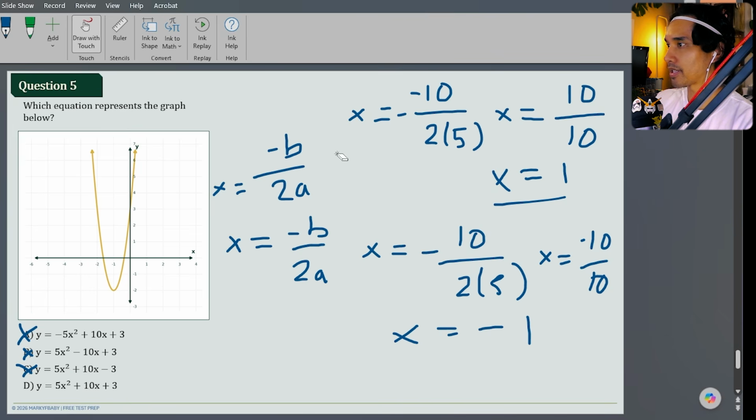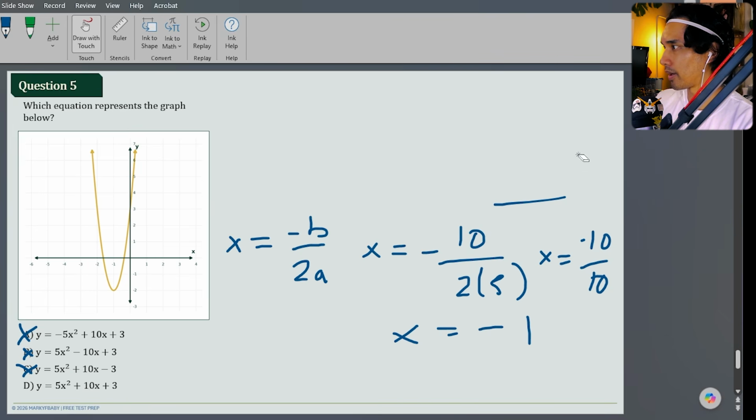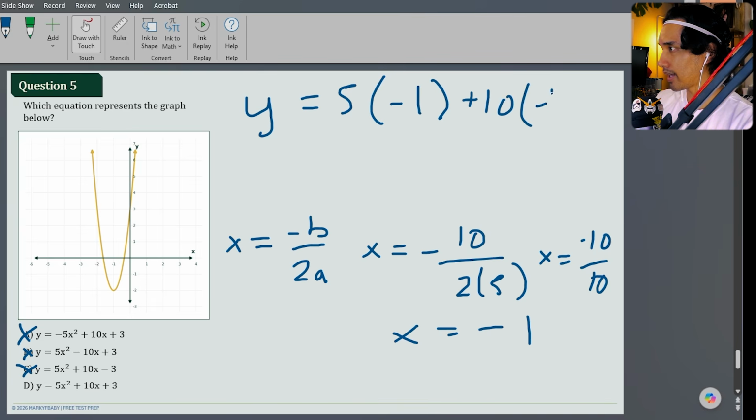Let's take it a step further to further confirm this by plugging in negative 1 into the equation y is equal to 5x squared plus 10x plus 3. We get y is equal to 5 times negative 1 squared plus 10 times negative 1 plus 3.